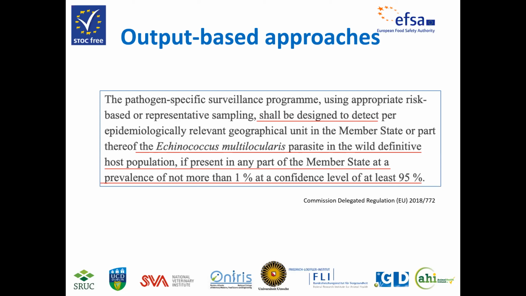So the important thing here, this is an output-based approach, and the primary emphasis is on what needs to be achieved. In this case, a surveillance program that is able to detect this parasite if present at very low levels. Note that there isn't any prescription with respect to the actions to be taken. Next slide, please.